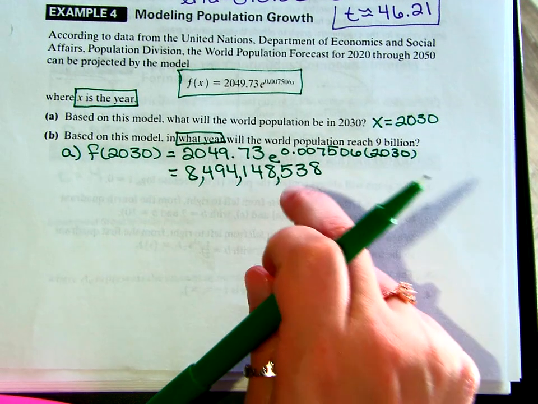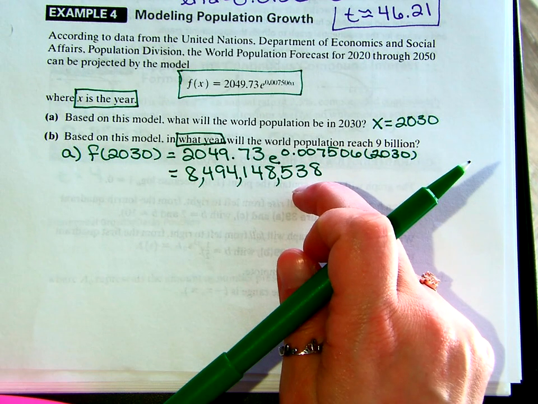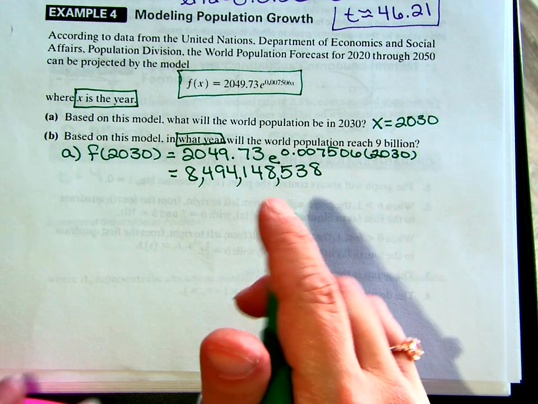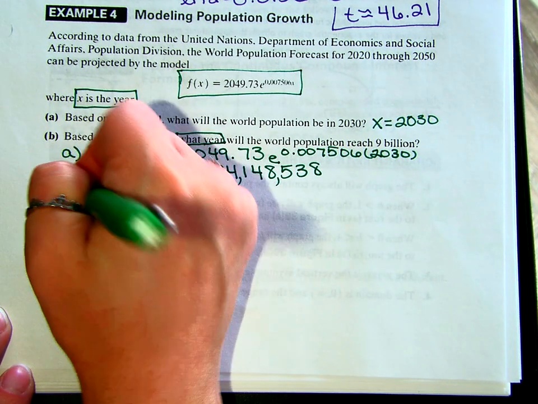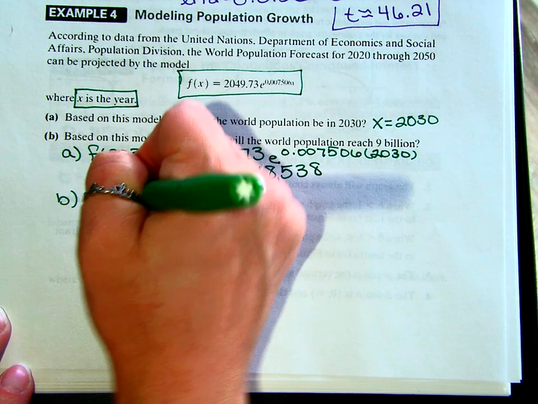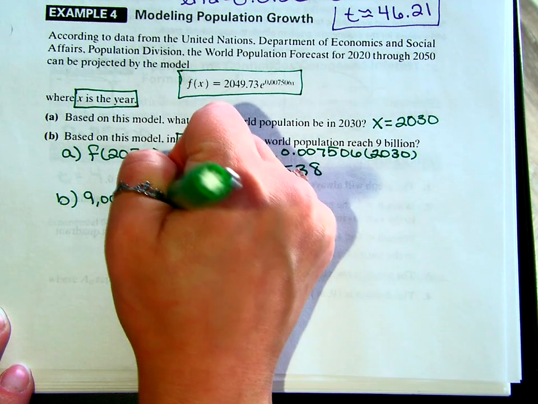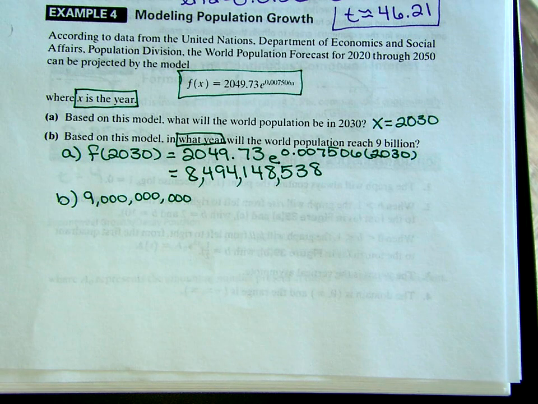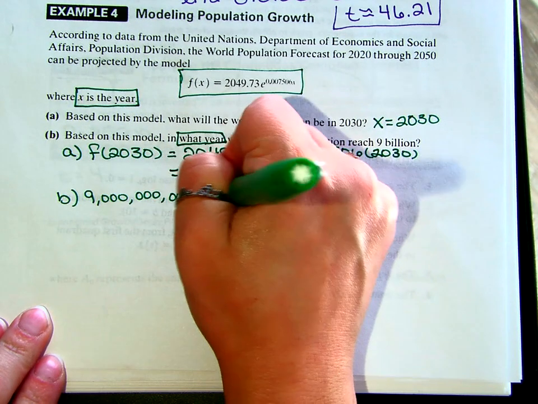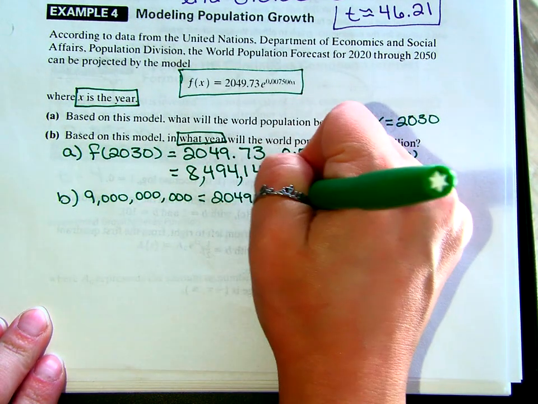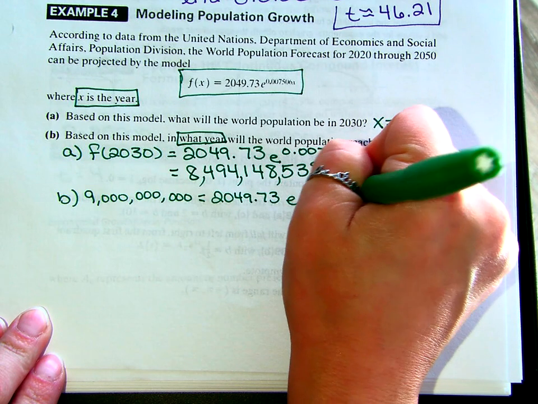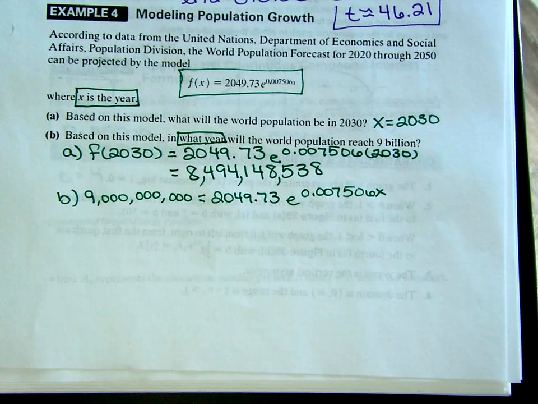So for B, we have 9 billion equals 2049.73 e to the 0.007506x, because we're trying to get to 9 billion. We know it will happen after 2030 because in 2030 we had almost 8.5 billion people, so it's going to have to be later than that at least.